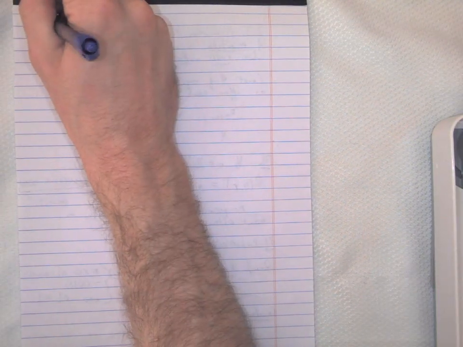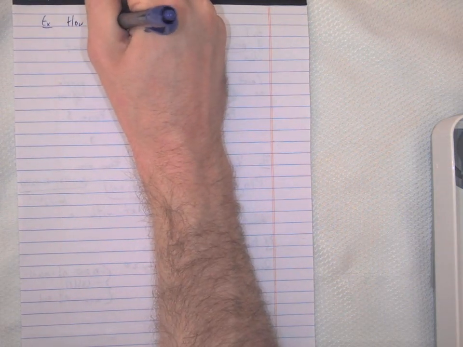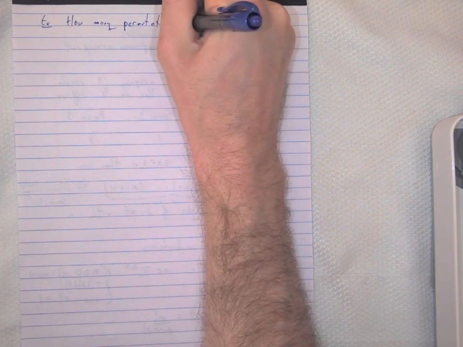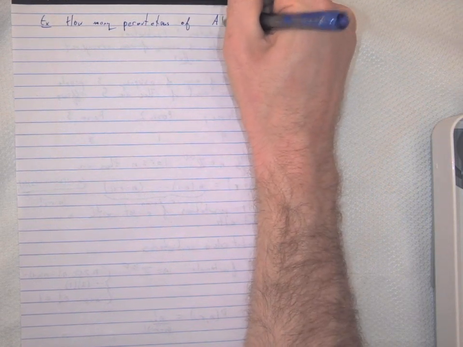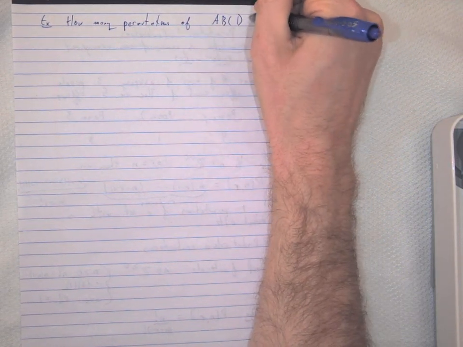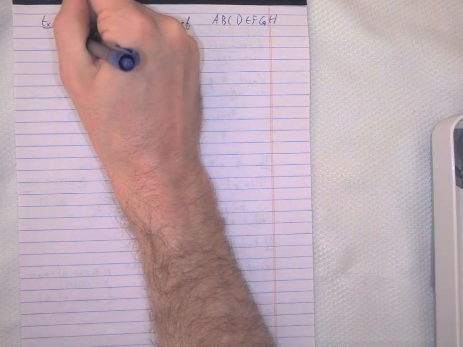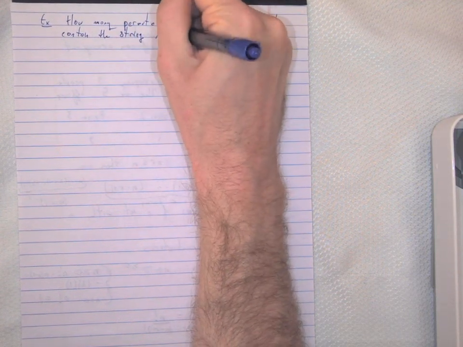As an exercise, how many permutations of the set A, B, C, D, E, F, G, H contain the string ABC as an unbroken string?